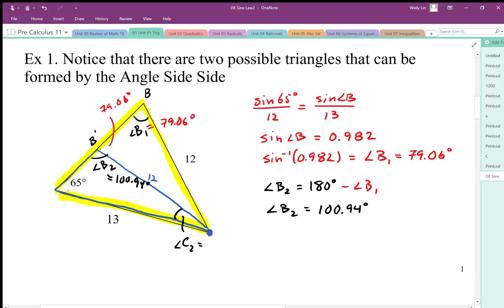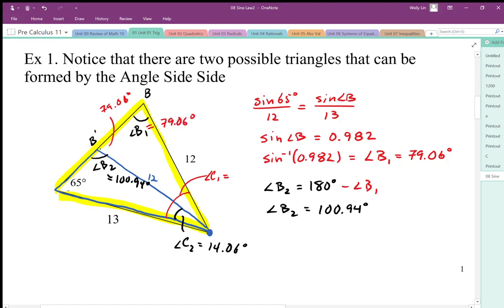So I do 180 minus 65 minus 100.94, and I get this small angle of 14.06 degrees. If I want to find the angle C1, which is this bigger angle in the yellow triangle, I would use the measurements here of the 79.06.